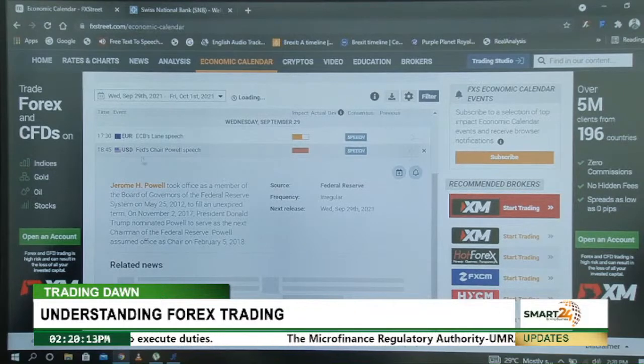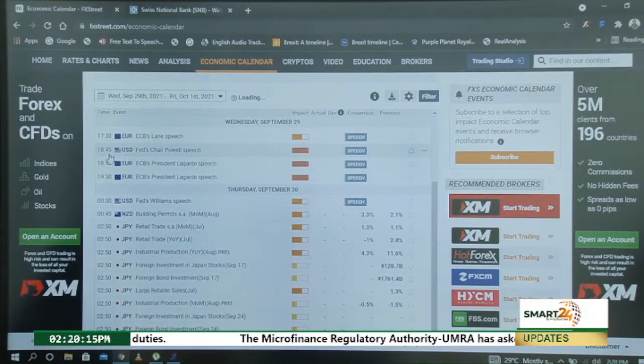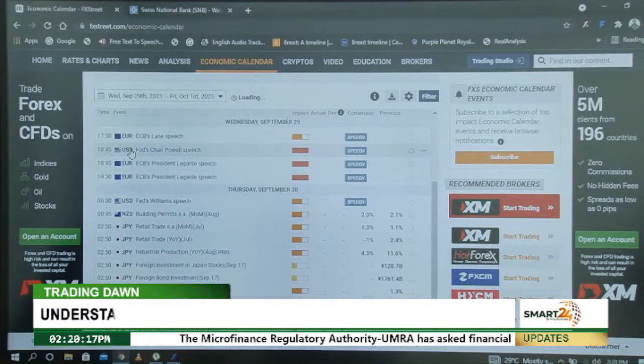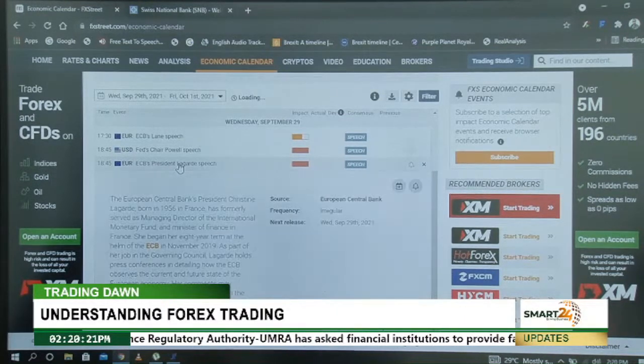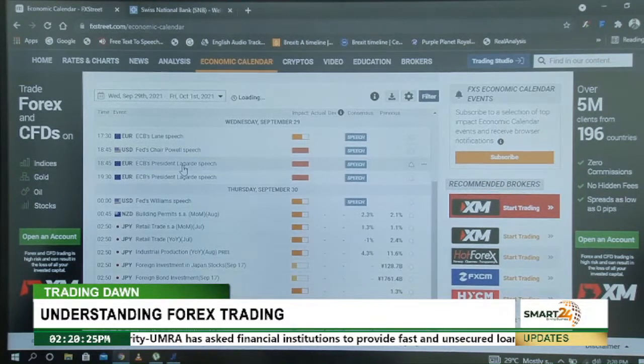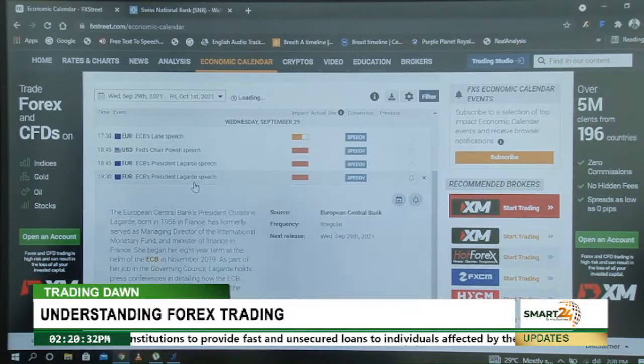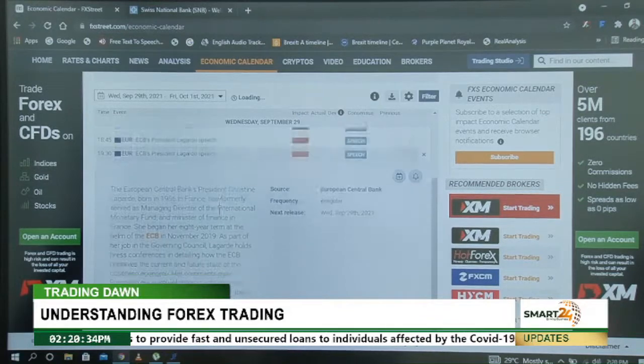So he'll be speaking at 6:45. High impact at the same time. The European Central Bank President will also be speaking at 6:45. Then at 7:30, there will be another speech from the President of the European Central Bank.